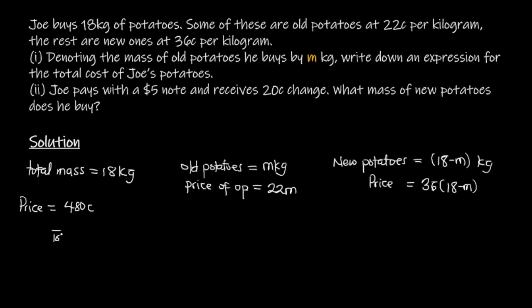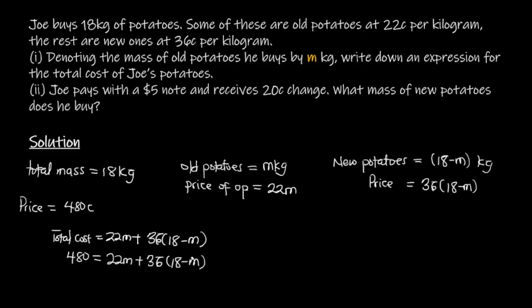Our total cost will be equal to the sum of the old potatoes, which is 22m, plus the sum of the new potatoes, that will be 36 multiplied by 18 minus m. Now we know that our total cost is 480 cents, that is equal to 22m plus 36 into bracket 18 minus m. All right, so now we have an equation.